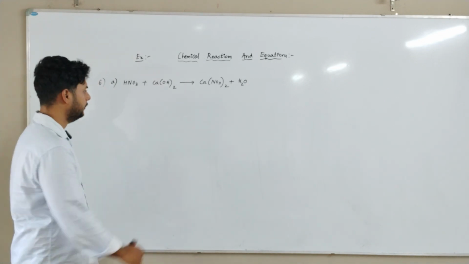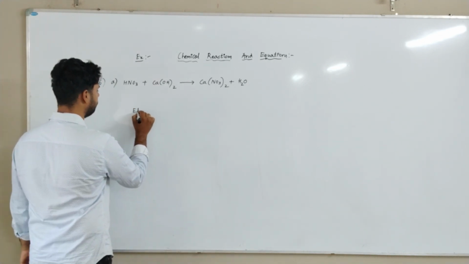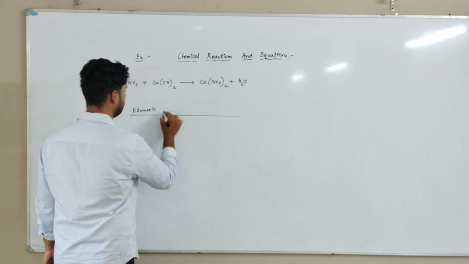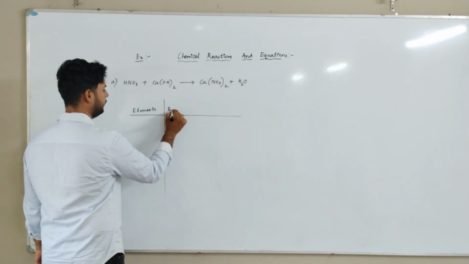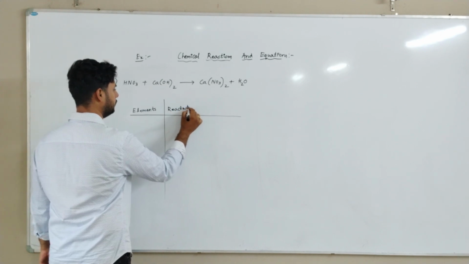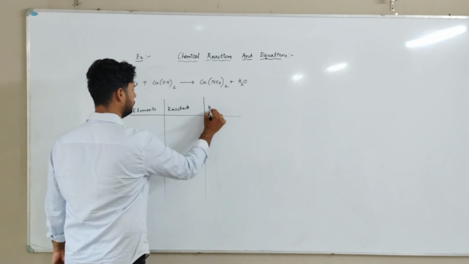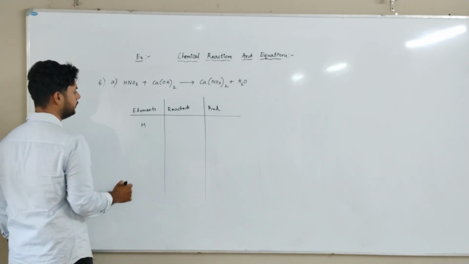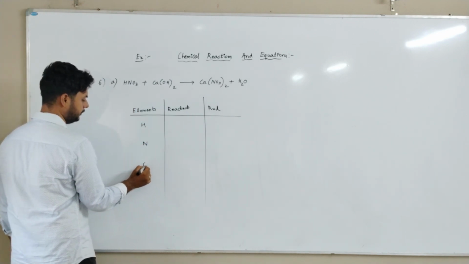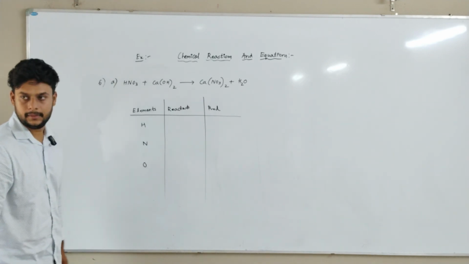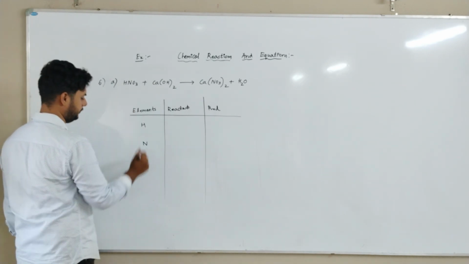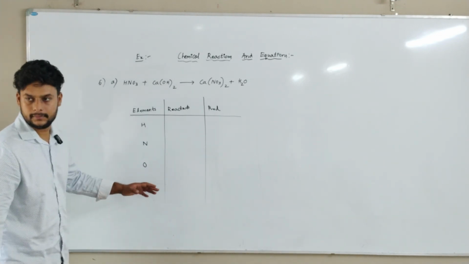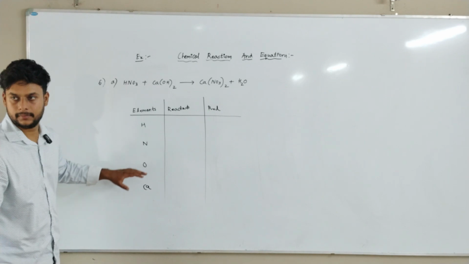Okay. So first I will write elements. Reactants, products. I have H, hydrogen, I have nitrogen, oxygen. Next I have calcium. Anything other? Over? Everything is over?